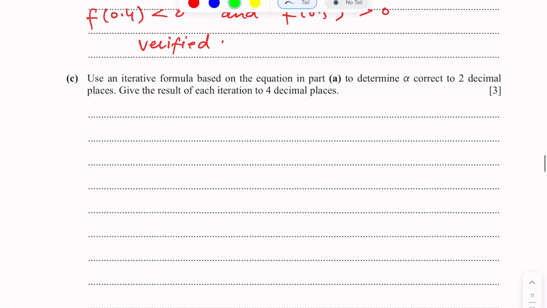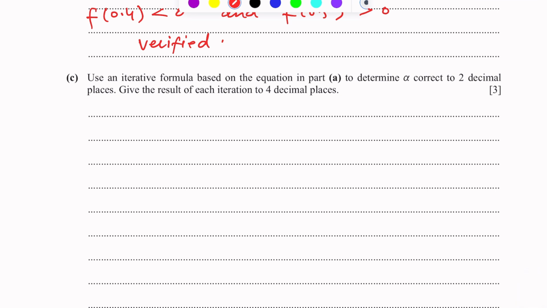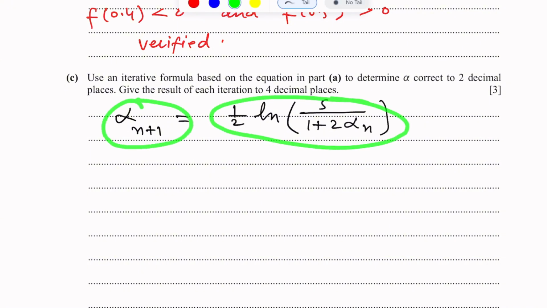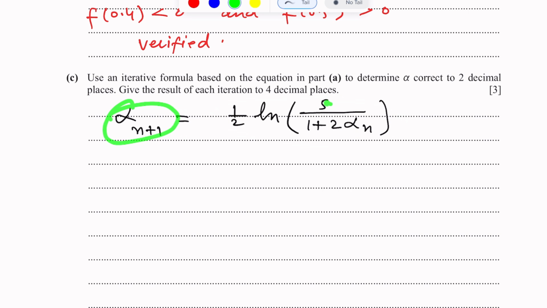So this will become the iterative formula. The iterative formula is alpha n plus 1 is equal to 1 over 2 log 5 over 1 plus 2 alpha n. With the help of this iterative formula, we will find different iterations correct to 4 decimal places.